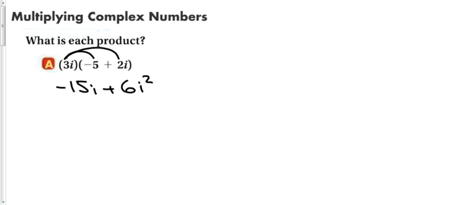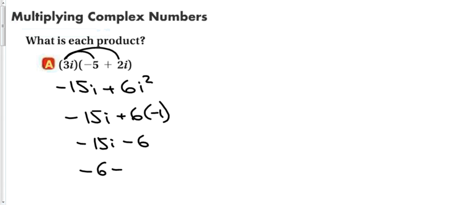But the 6i squared changes: negative 15i plus 6 times negative 1, because i squared is the same as negative 1, which means this becomes negative 15i minus 6. But I don't want to leave it that way. I want to write it with the real part first and then the imaginary part. So write this as negative 6 minus 15i.